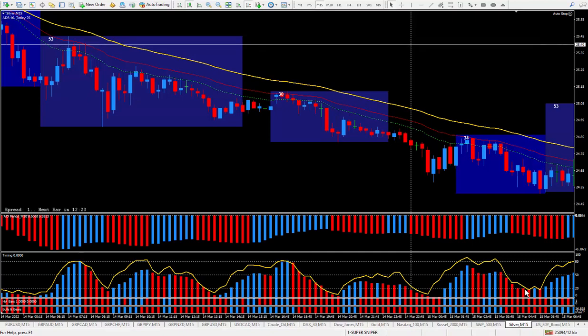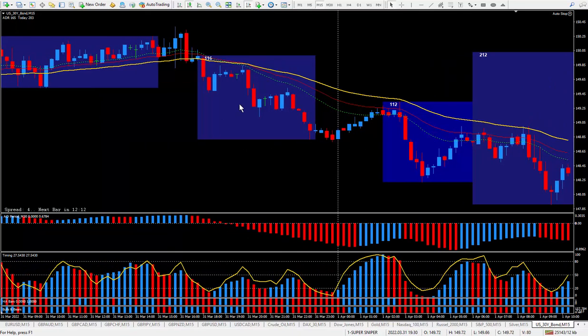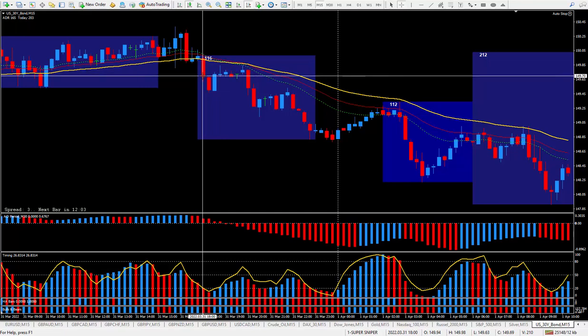Okay, one more to go here. 30-year bonds. This one doesn't pay as well. It's only $5 a pip, and it doesn't really move a lot, but here we go. Once we see the moving averages cross, and let's just say the daily's saying to sell. So once it clears the goal line, there's a sell signal.